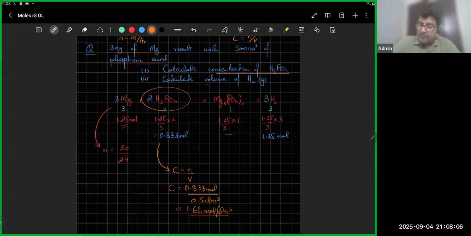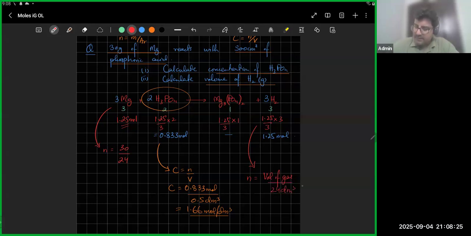What is the other thing he's asking? He's asking for the volume of H2 gas. How do you find the volume of H2 gas? Well, you have the moles. Moles is volume of gas divided by 24 dm cube.